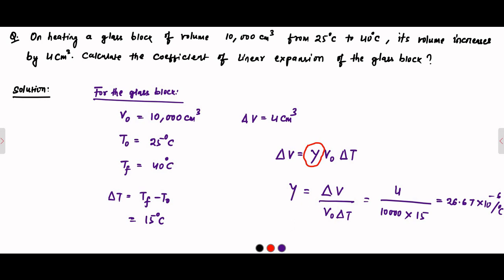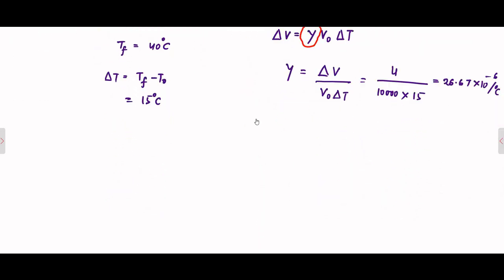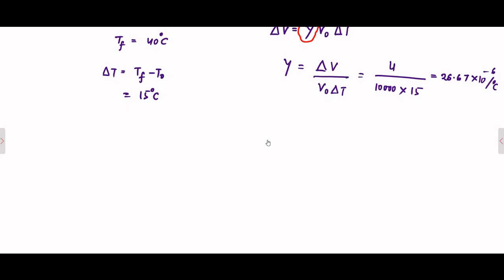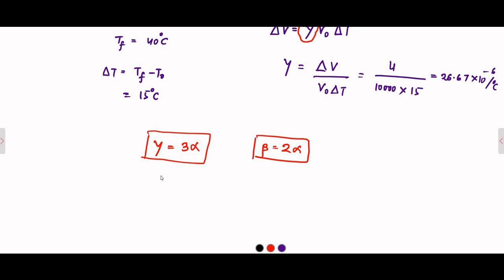Now if you remember, we derived a relationship between the various thermal expansion coefficients: linear expansion, surface expansion, and volume expansion, alpha, beta, and gamma. There we derived that the coefficient of volume expansion is equal to 3 times the coefficient of linear expansion. Gamma is equal to 3 alpha. Similarly, beta is equal to 2 alpha. So here we'll be using this relationship.